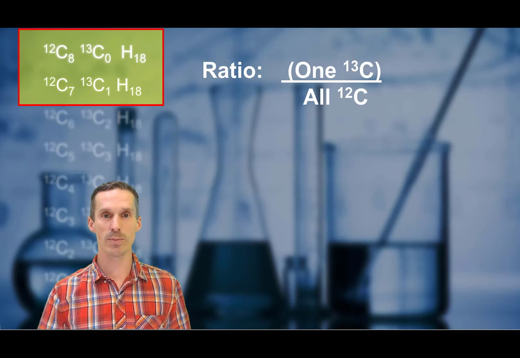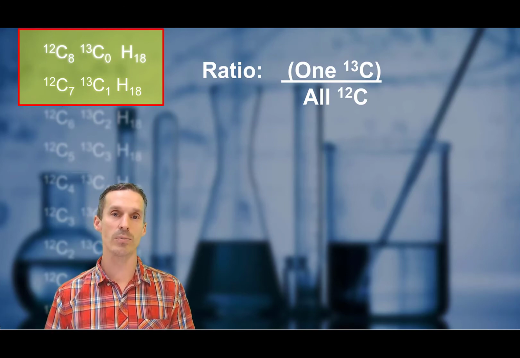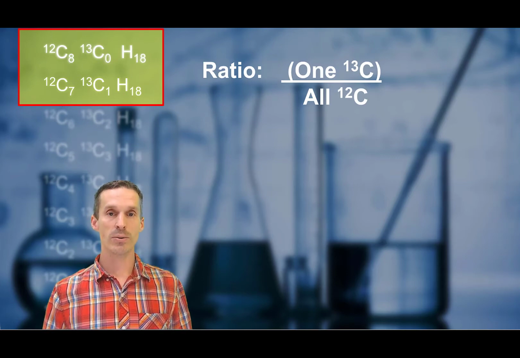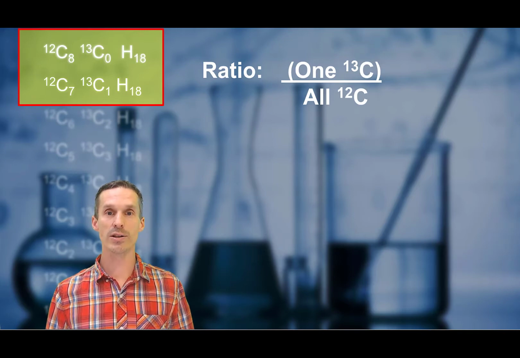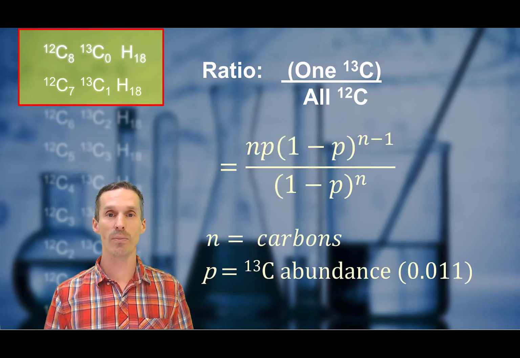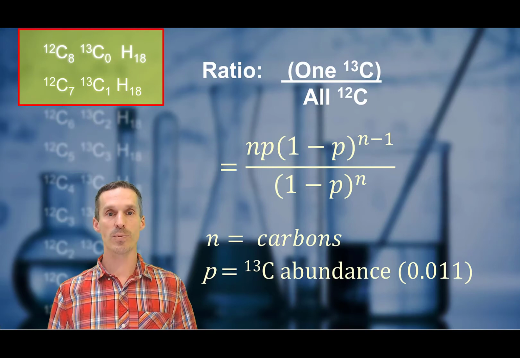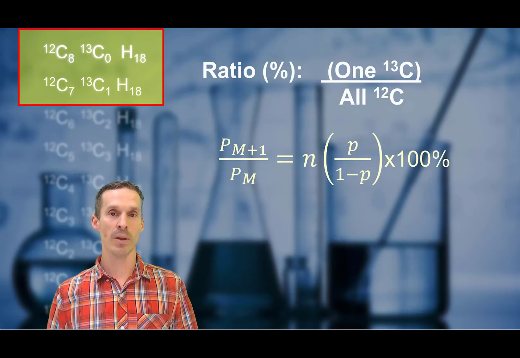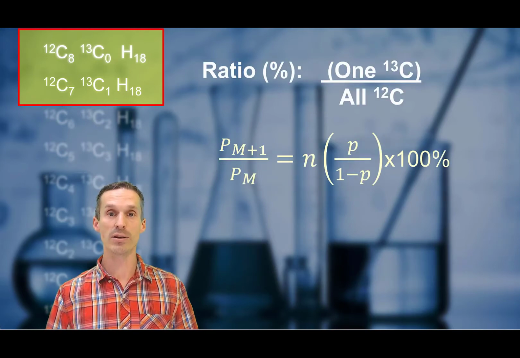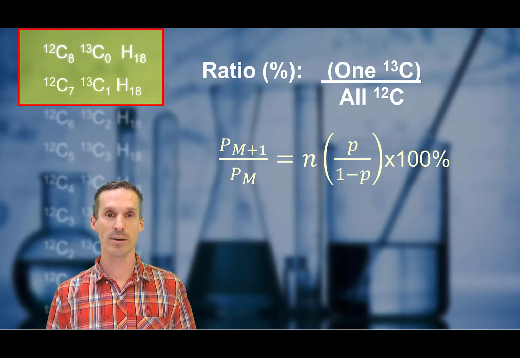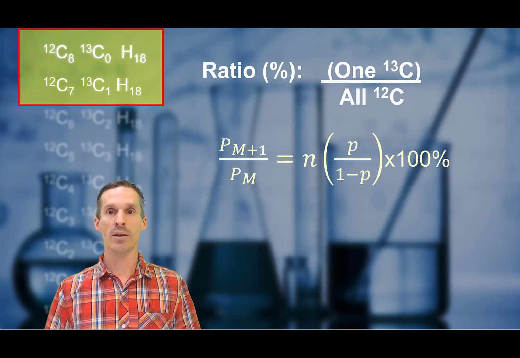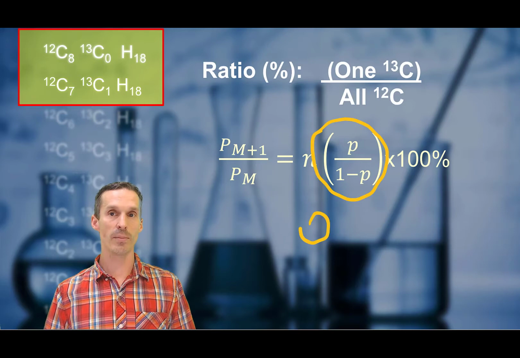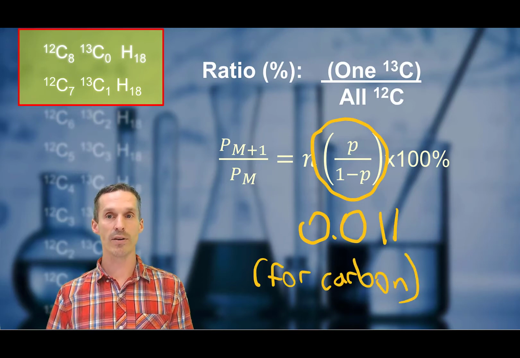What we're doing is expressing the ratio of the first 2 isotopes in our mass spectrum. We happen to have the equations for each of these expressions, so all we need to do is divide one by the other. You can take this expression and simplify it just a little bit, and if you wanted to express it as a percentage, you just multiply it by 100%. So you can see from this equation that the probability depends only on the number of carbons and the abundance of carbon-13.